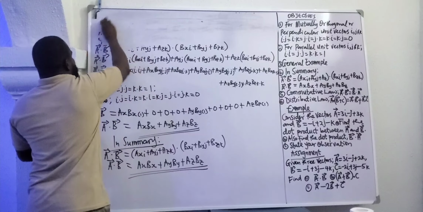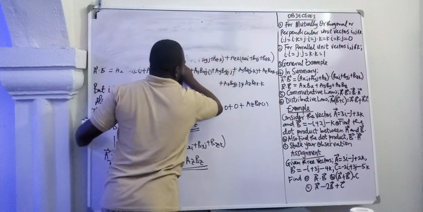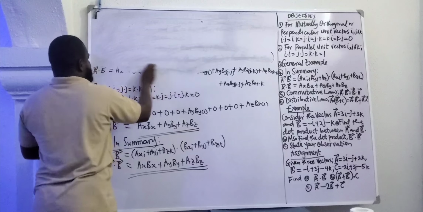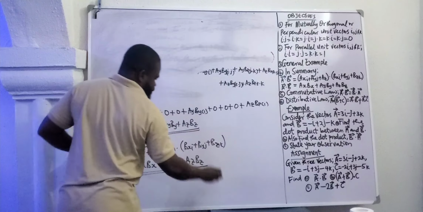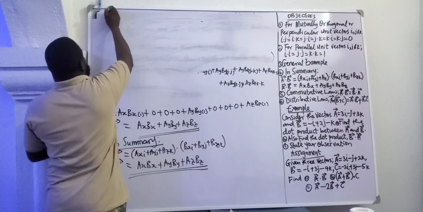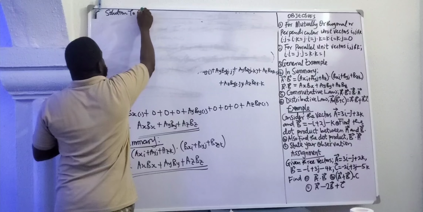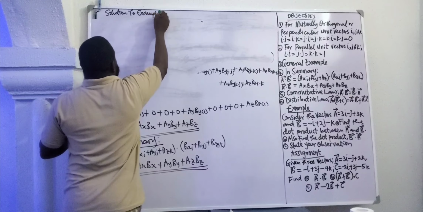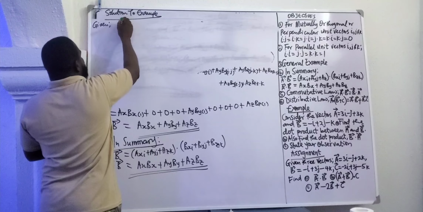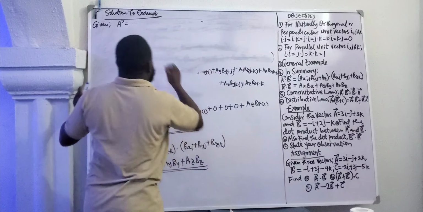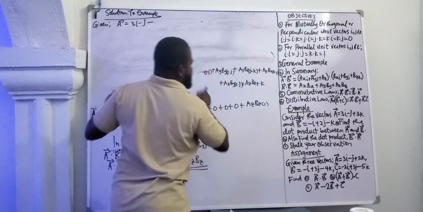So we are given two vectors, vector A and vector B are expressed as shown. So let's put that into application. Solution to example. We are given vector A as 3i minus j plus 3k.